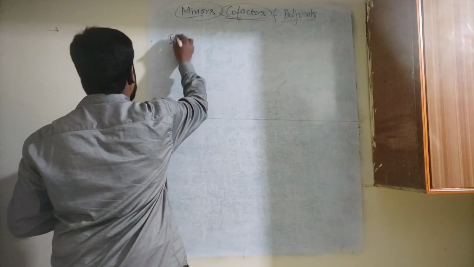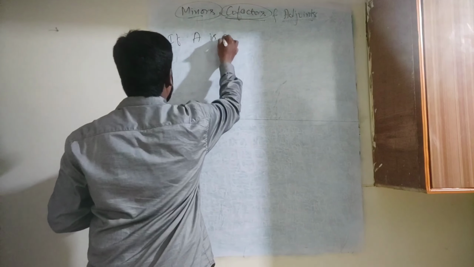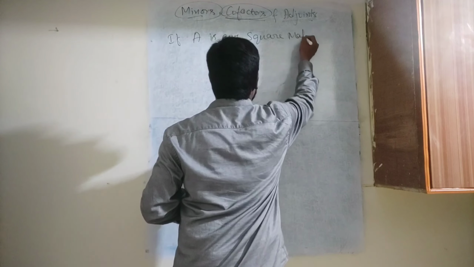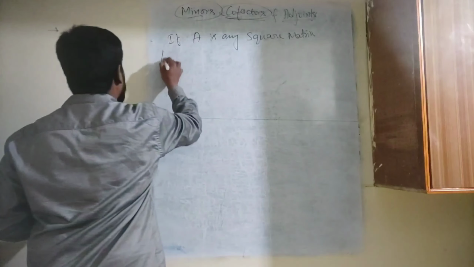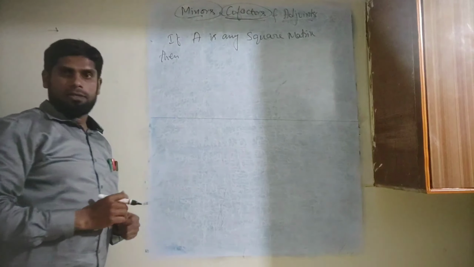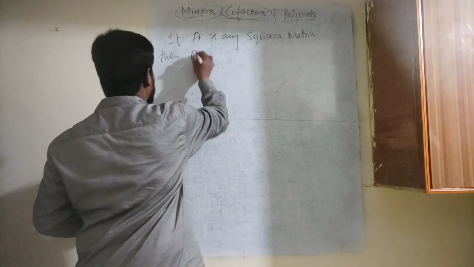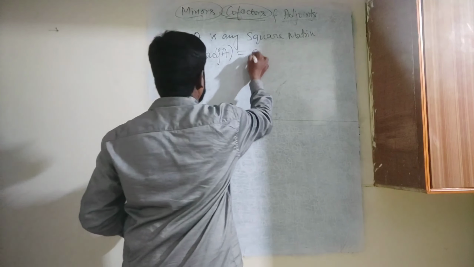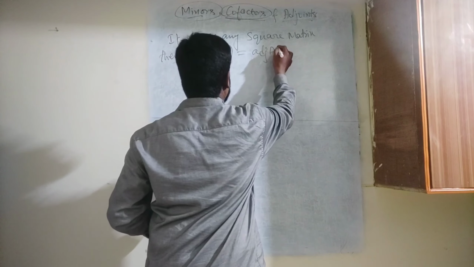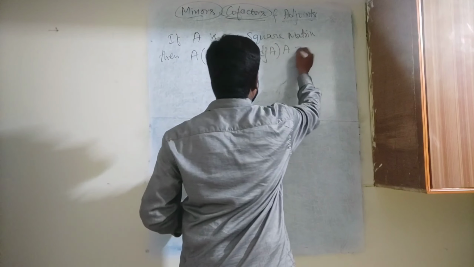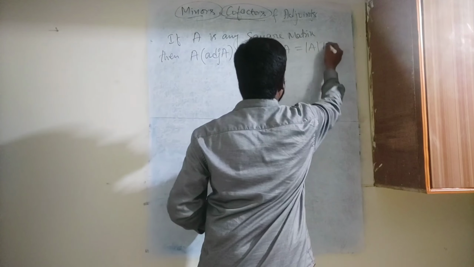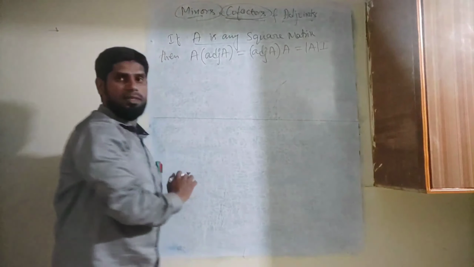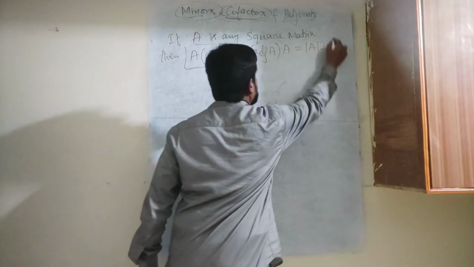That is, if A is any square matrix, then the property is: A into adjoint of that matrix is equal to adjoint A into A is equal to determinant A into I. If A is any square matrix, then this property holds good.